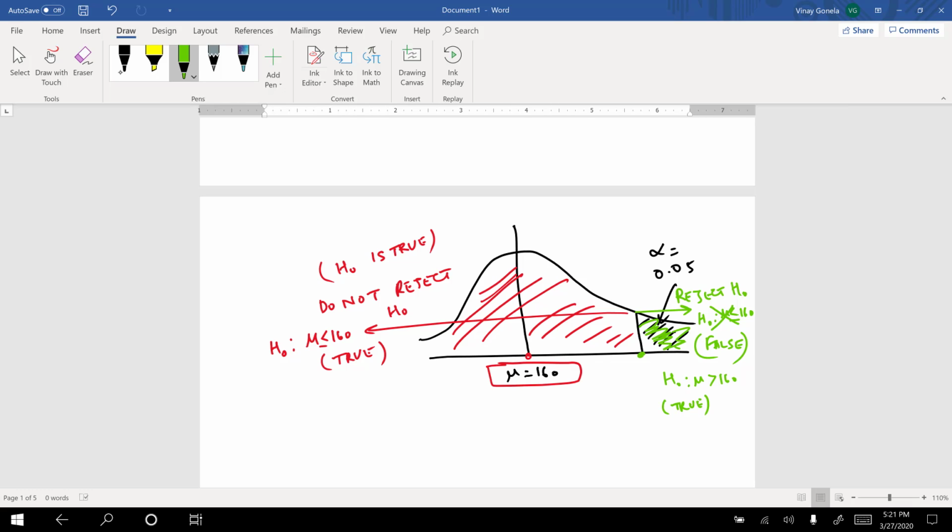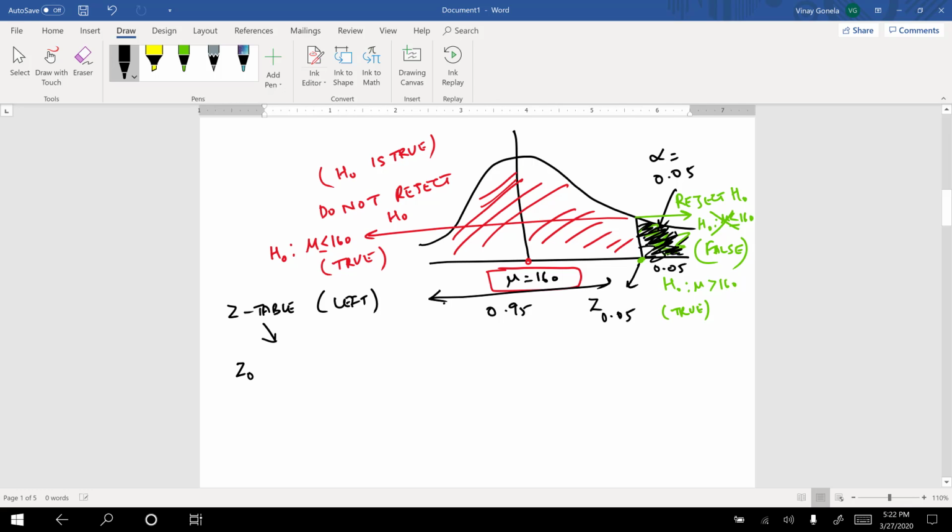So at this point I wanted to determine what the z value is. If you see, this is 0.05. One of the ways is, because our z table gives the area to the left of the curve, since this whole area is 0.05, this area would be 0.95, so I will look for z 0.95.